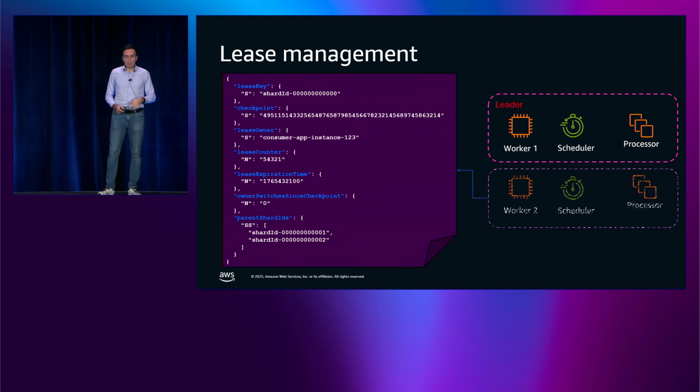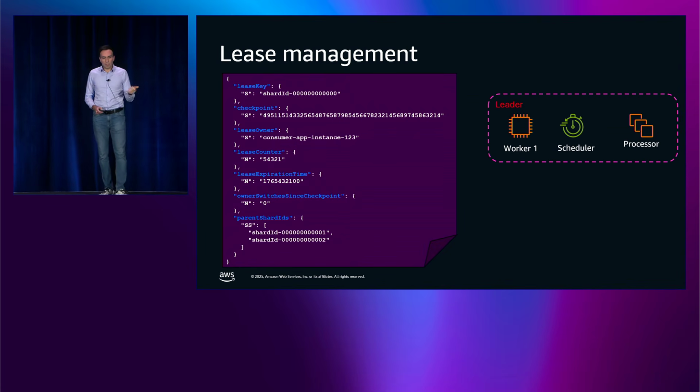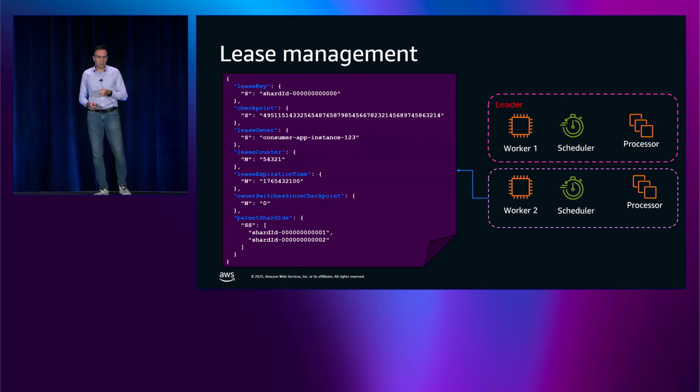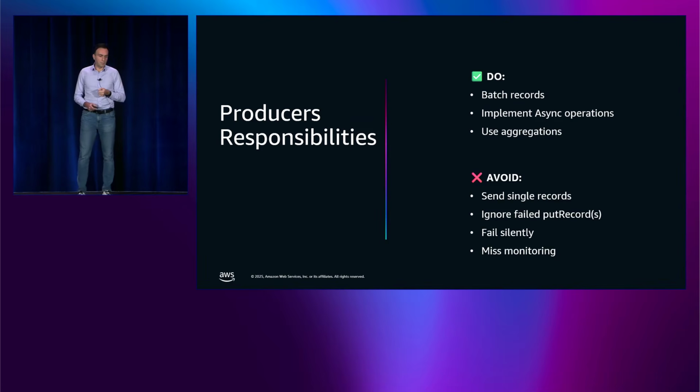What if the leader fails? When the leader fails, another worker will take over. And if a worker fails, the leader could take a lease from the previous worker and give it to another worker. So that's how a distributed and stateful distributed compute system should work, and it works with Kinesis Client Library.